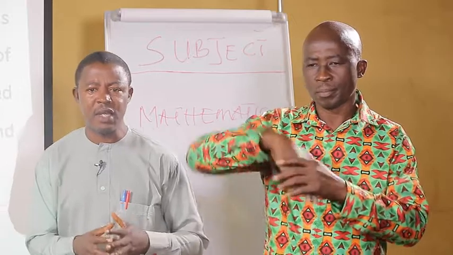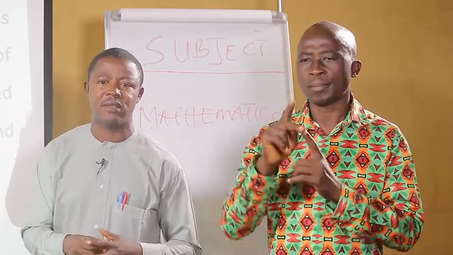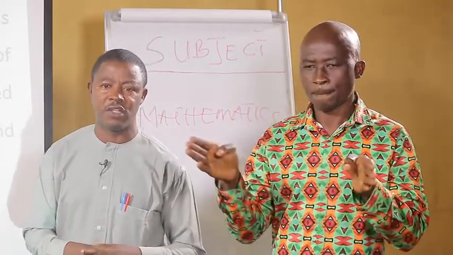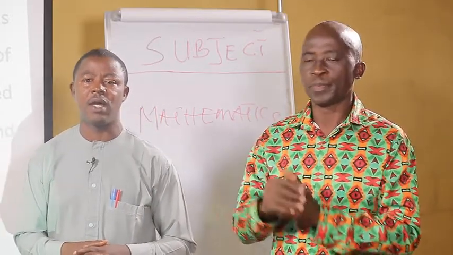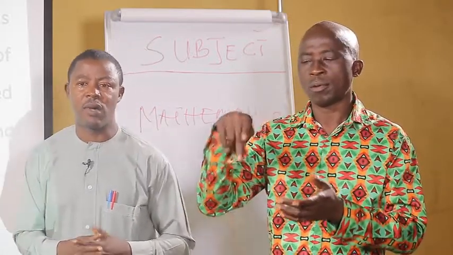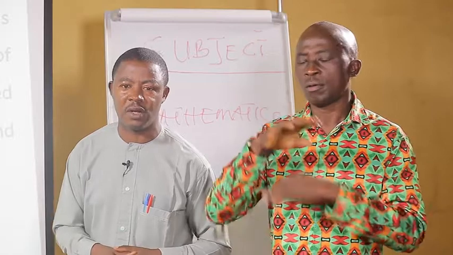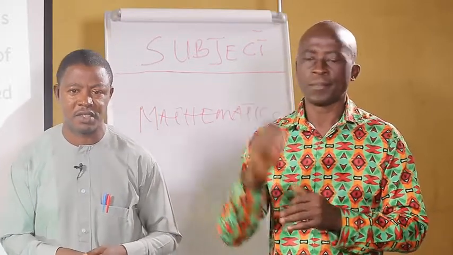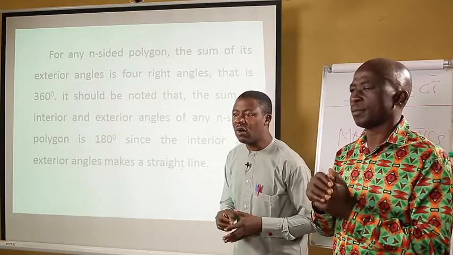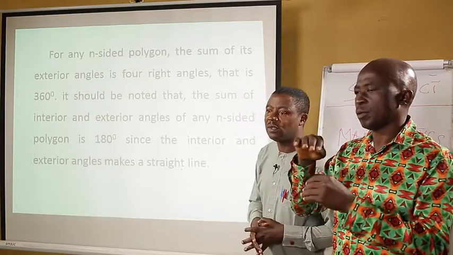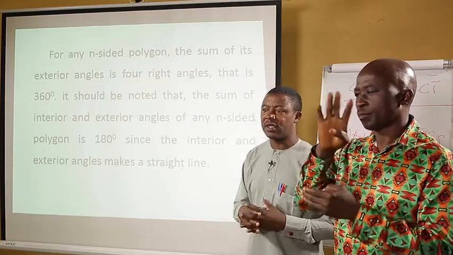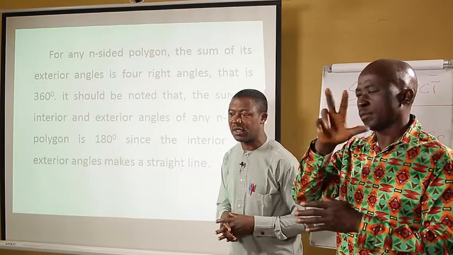So at any point the sides of a polygon are extended, it forms an exterior angle. And if you sum all the exterior angles of that polygon, you will have 4 right angles, which is 360 degrees.